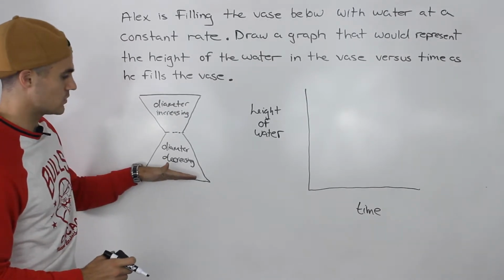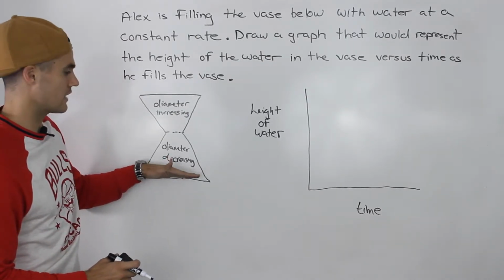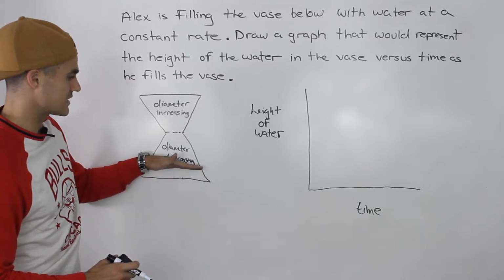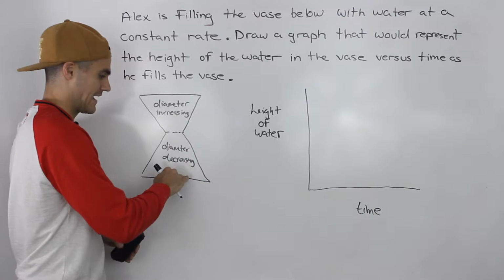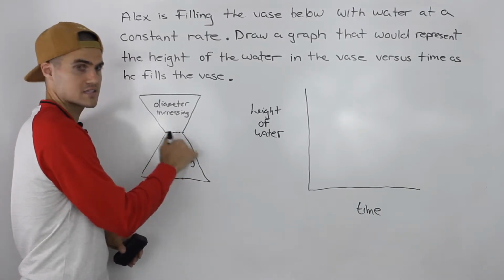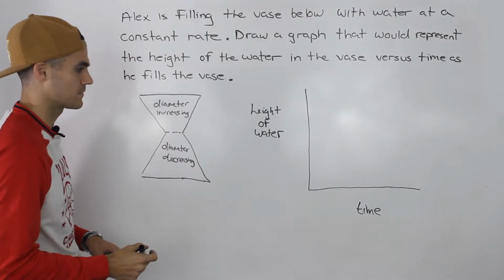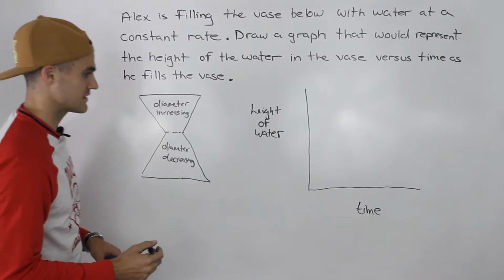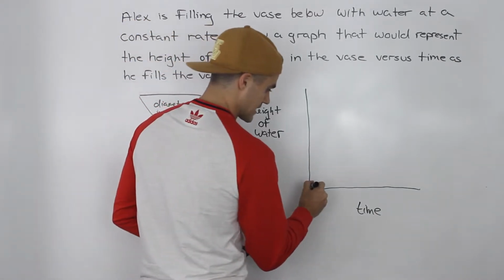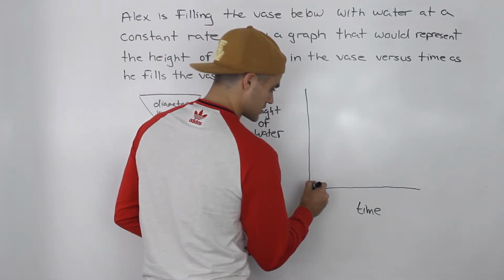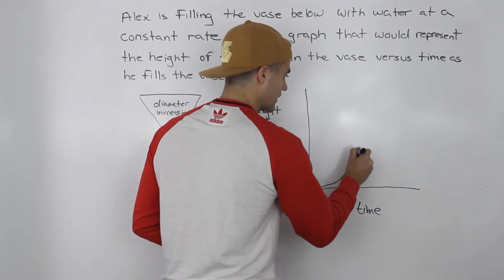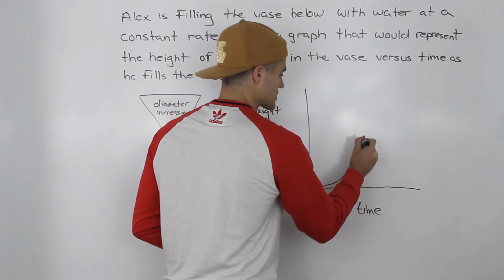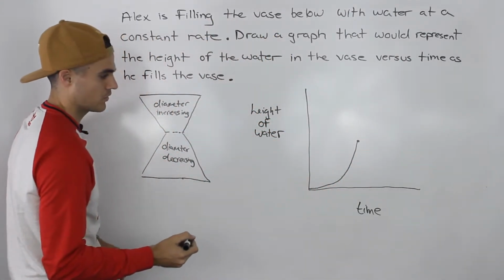Well, the water is going to rise up slowly at first, but then it's going to rise quicker and quicker and quicker because there's less vase to fill as we move up the vase because the diameter is decreasing. And the way we represent that is it would start off slow, slow, slow, slow, slow, and then the speed would increase, right, up until a certain point.